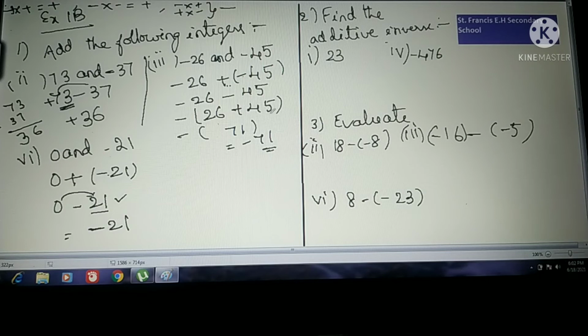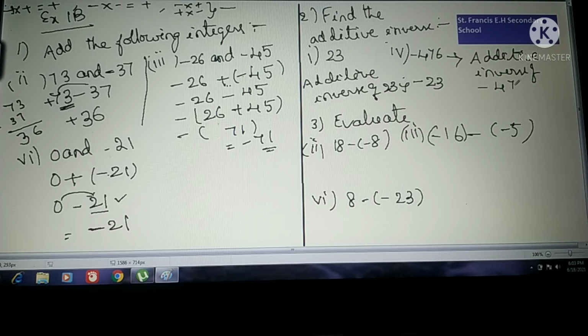Understood? Now see the second problem. Find the additive inverse of the following. If you have a positive number, the additive inverse will become a negative number. So the additive inverse of 23 will be minus 23. Now see here, additive inverse of minus 476.